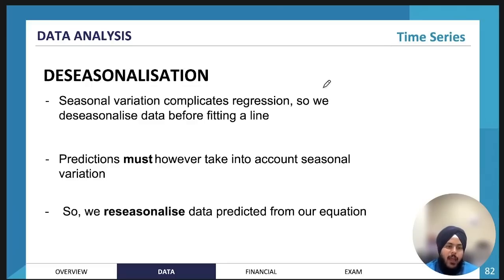So deseasonalizing a particular value, there is actually a formula in your summary book for this, which you will be using all the time. The deseasonalized value is equal to the actual figure over the seasonal index.